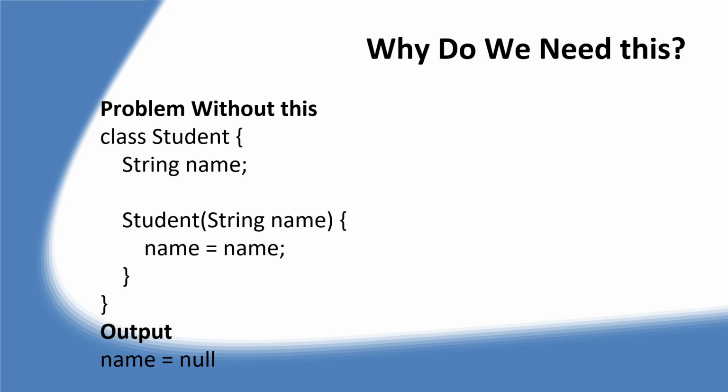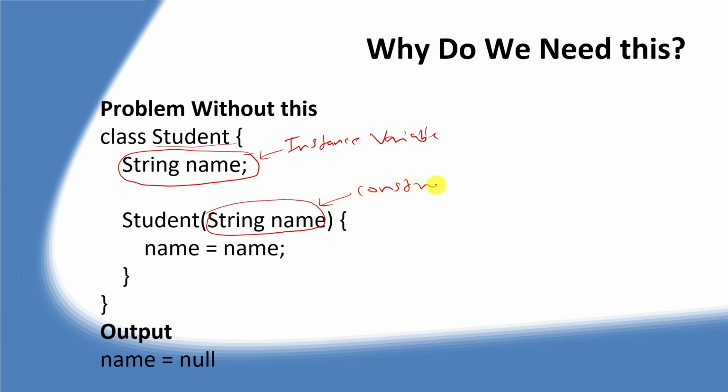Here in this example, class Student, this is the instance variable and this is the constructor parameter.